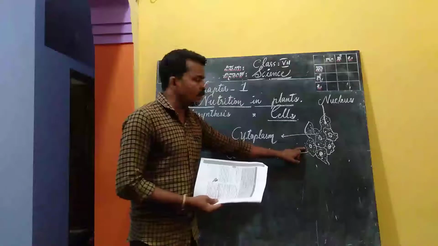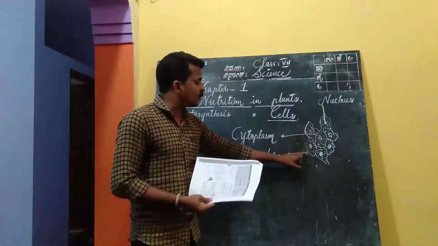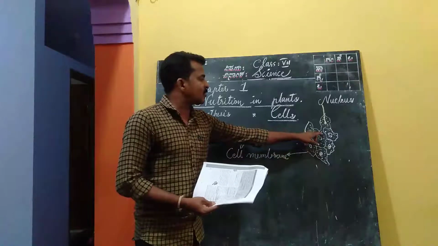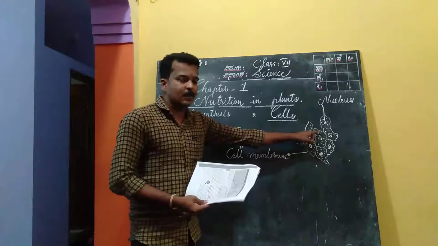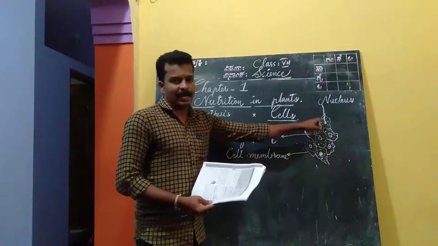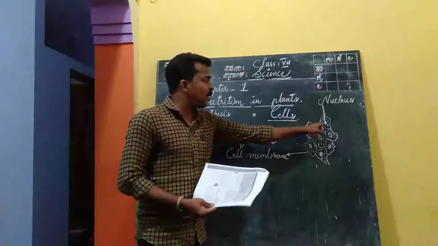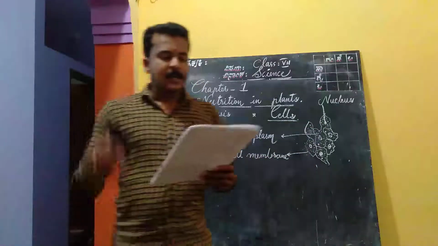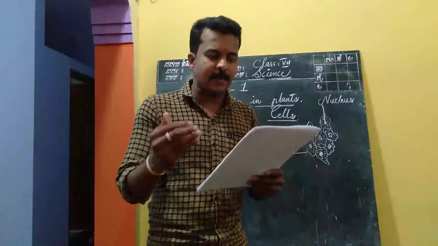The thin outermost boundary is called the cell membrane, whereas the jelly-like structure, these dots I put there now, is called the cytoplasm, and the spherical shape at the center of the cell is called the nucleus. I repeat, the cell is enclosed by a thin outer boundary called the cell membrane.